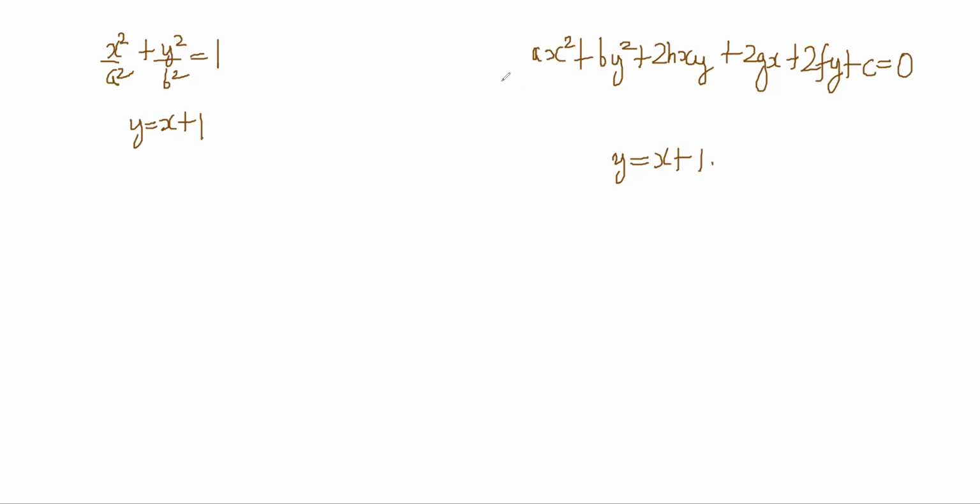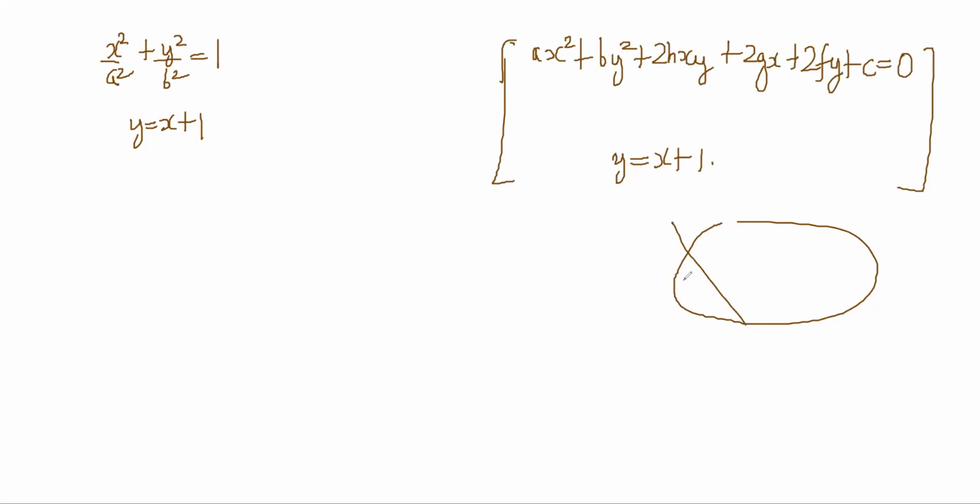But even in this case, there is a method called homogenization which will rescue you, because ultimately what you need is the angle between OP and OQ. P and Q, and this is my origin. So notice that OP and OQ are a line pair passing through the origin.